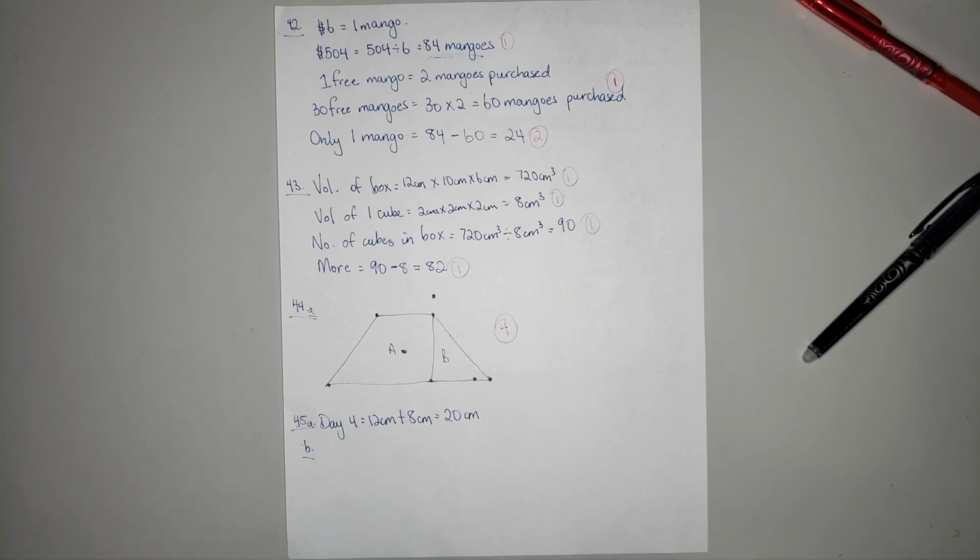Part B just says, if the increase in the plant's height is the same daily, draw the bar to show the increase in height on day 6. So we can see that it is increasing by 2 centimeters each day. So for day 4 it will be 8, day 5 will be 10, and day 6 will be 12.